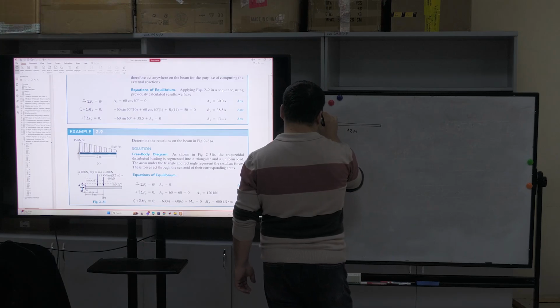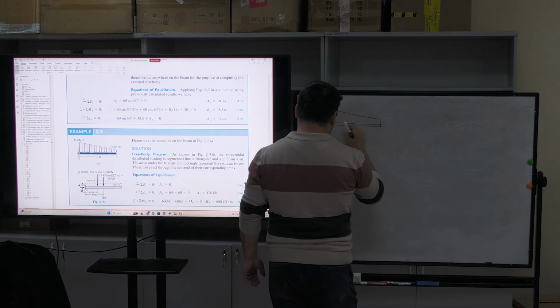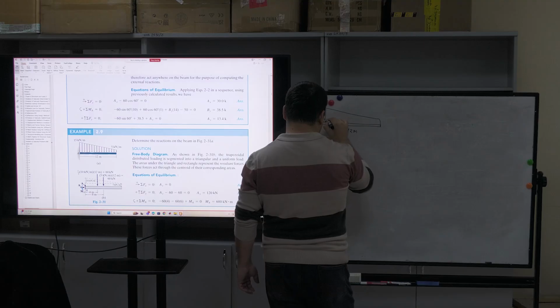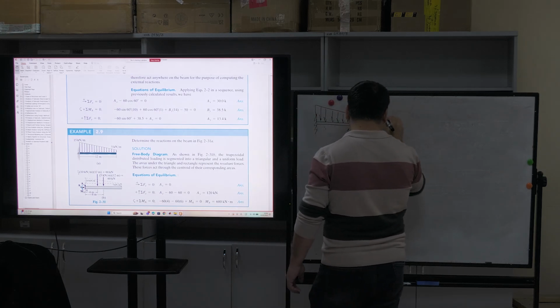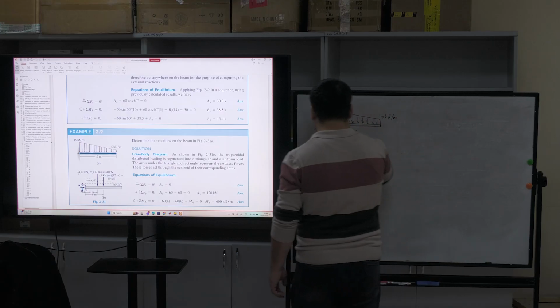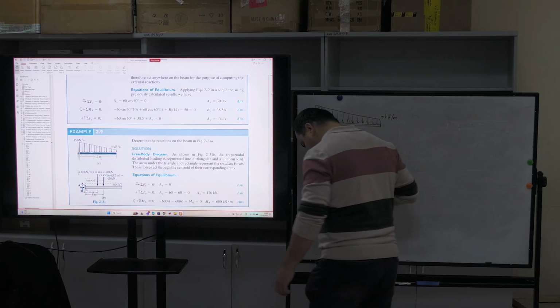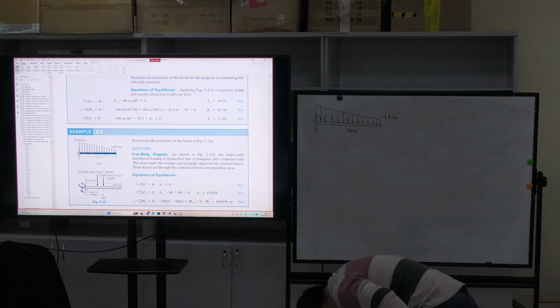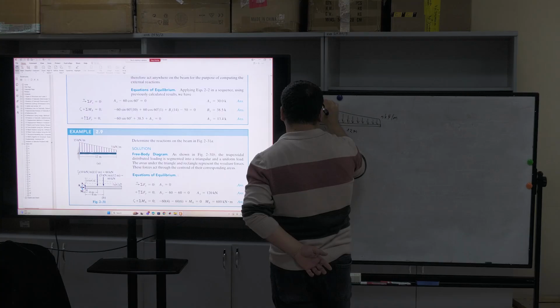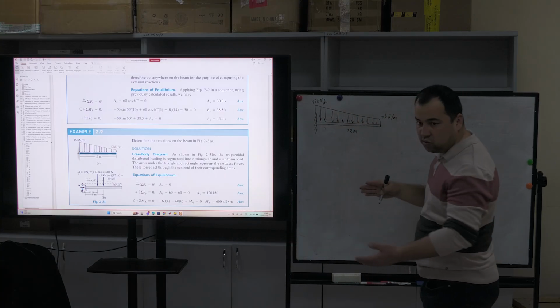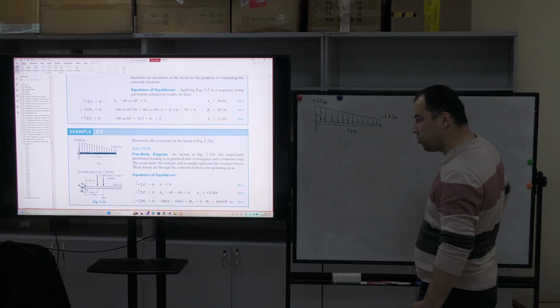And it is loaded with force, 5 kilonewton per meter here, and 15 kilonewton per meter here. Yes? Okay, what I have to do first is separate it into two parts, okay?